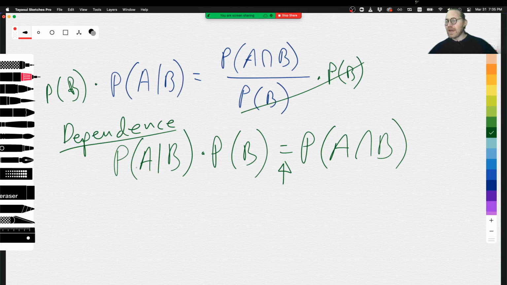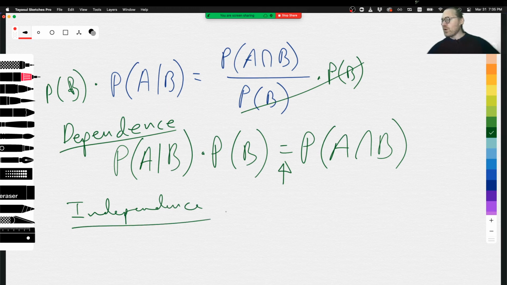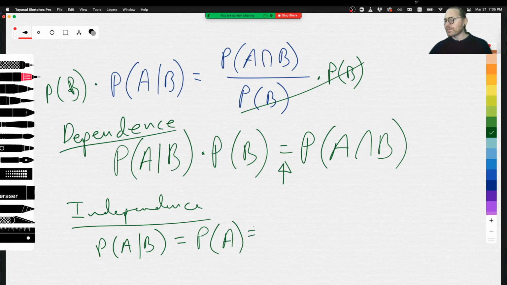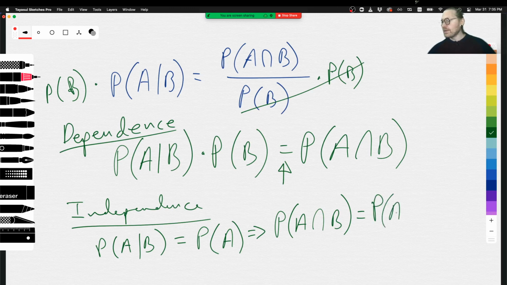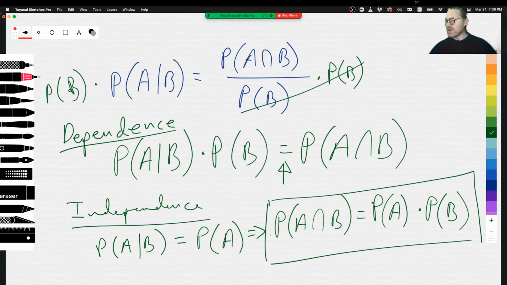If there's independence, then the probability of A given B will equal, and I'll write this down, the probability of A. So in terms of independence, if we're trying to talk about the probability of A given B, if A and B are independent events from each other, then this is just going to be the same thing as the probability of A. And we can take this a step further and say, well, if the intersection of A with B is equal to the probability of A times the probability of B, then we have independence. We verify independence.